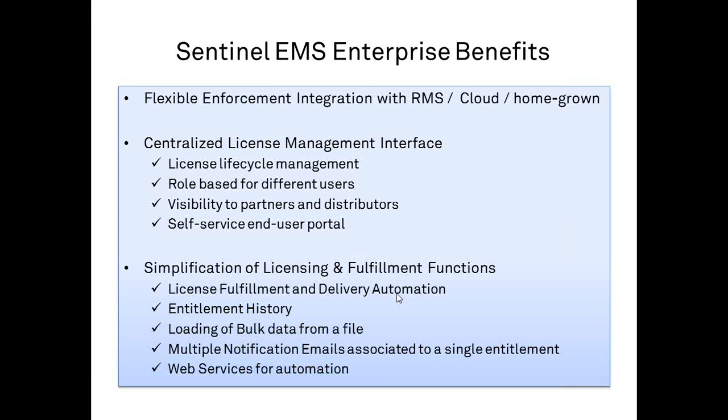You can also send details about where to download your latest application and other things. Entitlement history: you can see exactly which customers have received which license, when updates have been sent, etc. All these kind of things.